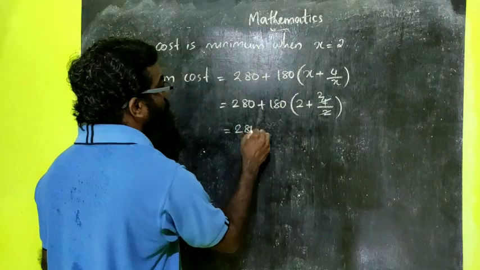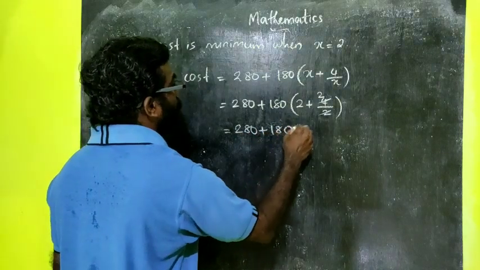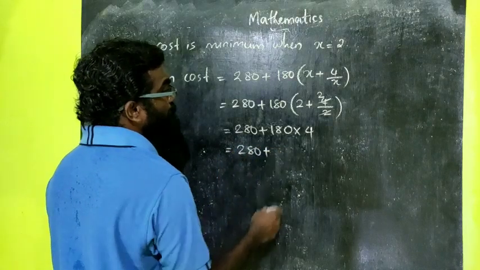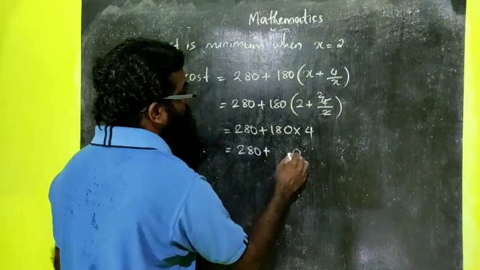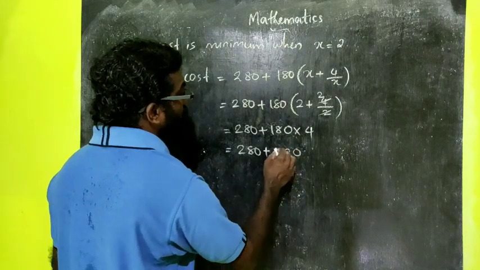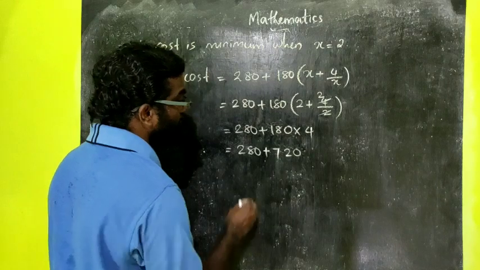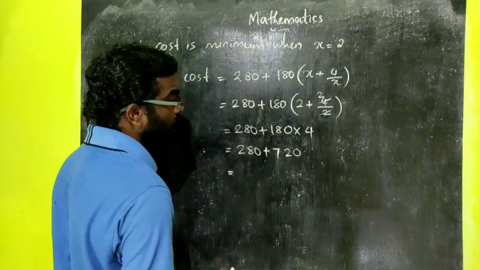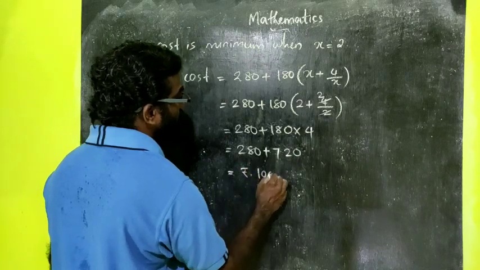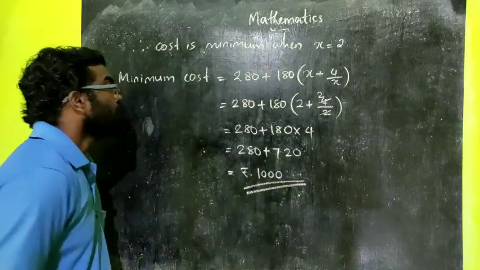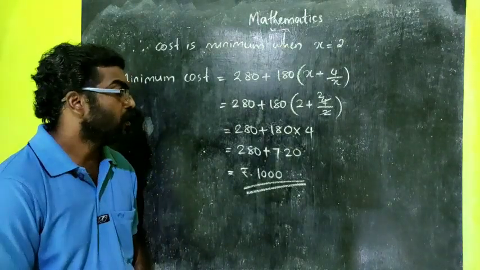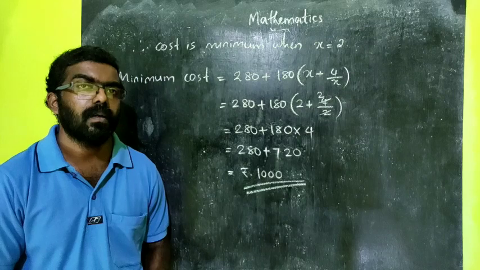That is 280 plus 180 into 4. 8 4s are 32, 3 balance, here 7. Okay, 280 plus 720, 1000. So rupees 1000. So the minimum cost for building the tank will be equal to 1000 rupees. Clear?